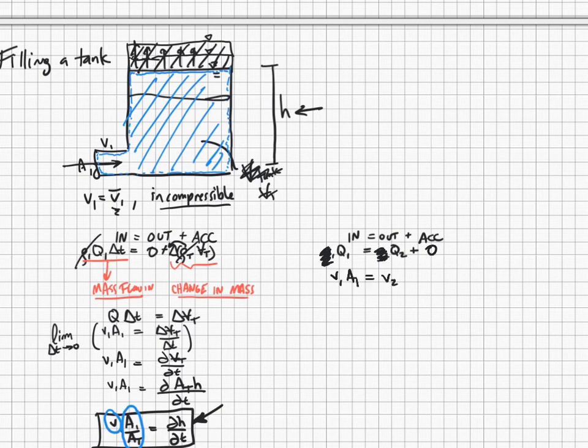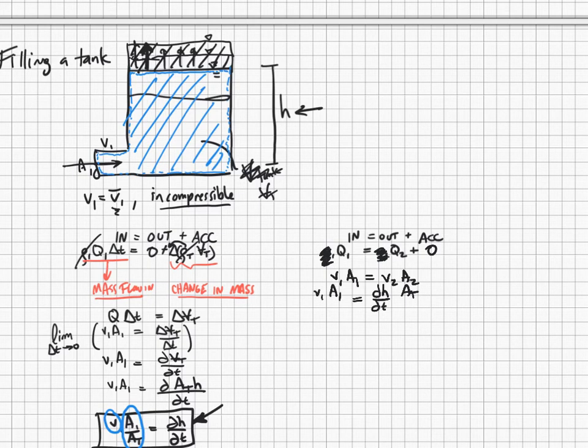Well, I get V2A2. But in this case, A2 is the area of the tank, and the velocity 2 refers to the velocity that the water surface is rising. What do we call that? We call that the change in the height with respect to time, equals V1A1.